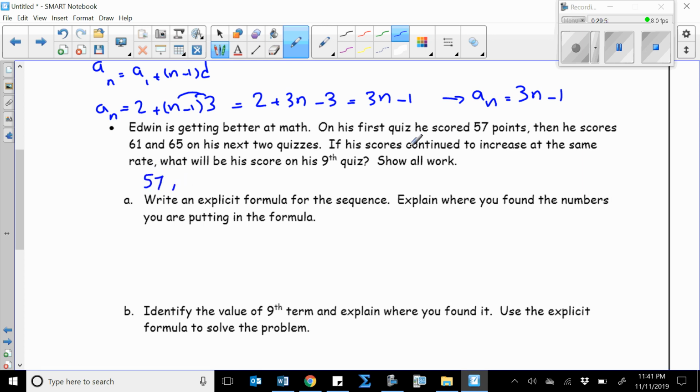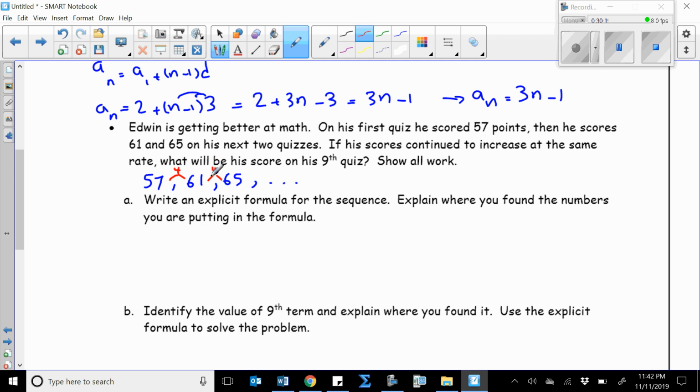The second quiz is 61. Third one is 65. And he's going to continue scoring on his quizzes the same way. That means the difference between these two, 61 and 57, is 4. And the difference between 65 and 61 is also 4.